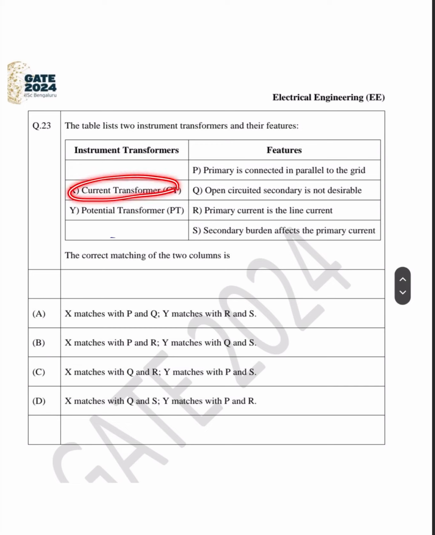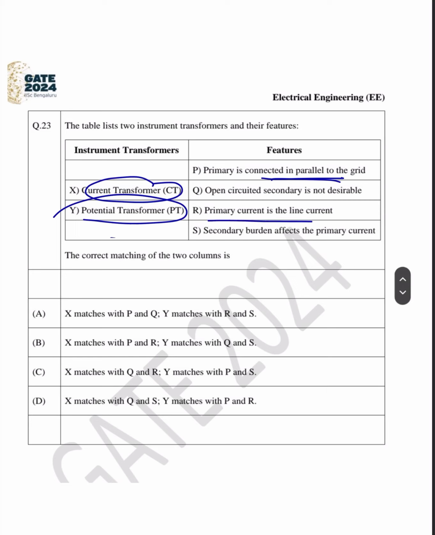So the current transformer secondary must be shorted. That is, open circuit secondary is not desirable. Later I'll explain about PT, then you'll realize.